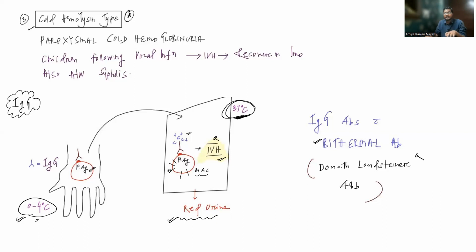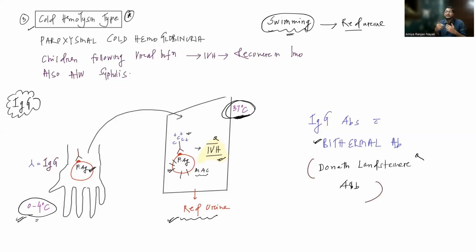Here the patients will have red urine after a period of exposure to the cold. And the classical history that they will give is after coming out of the swimming pool. After coming out of the swimming pool, when the patient micturates, they'll have red urine. Because inside the swimming pool, sometimes they are exposed to extreme cold temperature, and that will activate these IgG antibodies, which will bind to the RBCs.